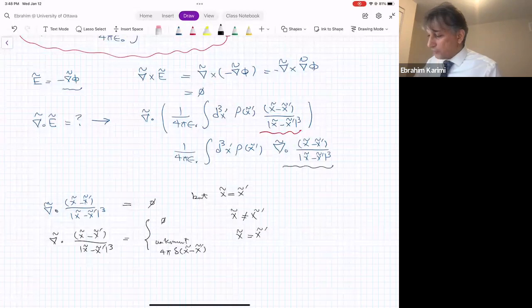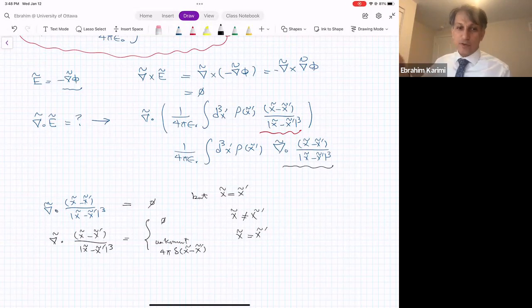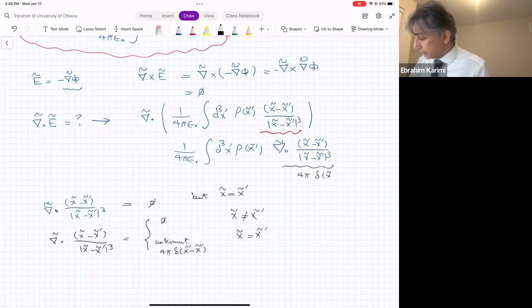So that is always equal to 0, but when x is equal to x prime, then this is unknown. But the integral of that will give you a 4 pi solid angle. So that will be 4 pi delta of x minus x prime.